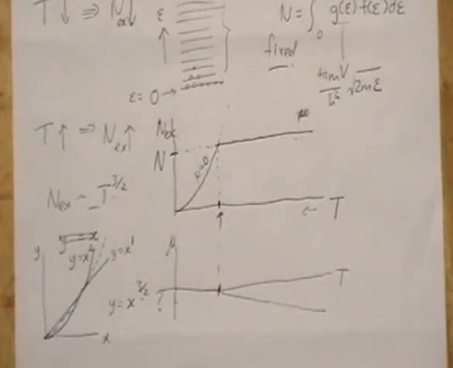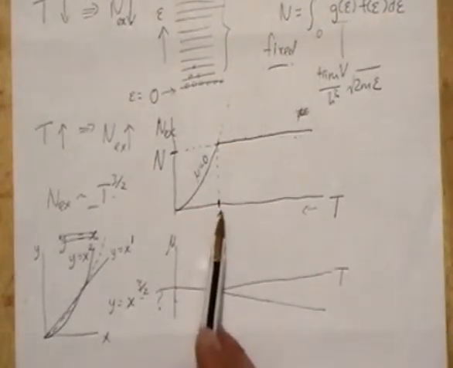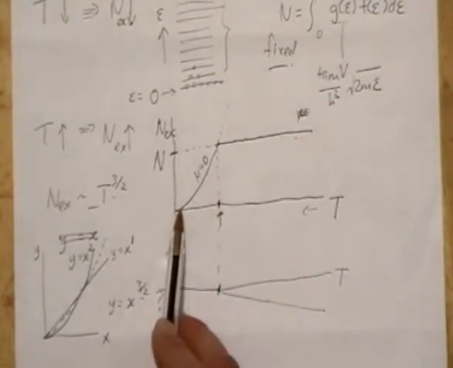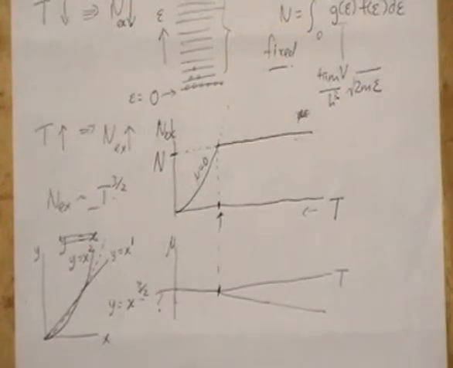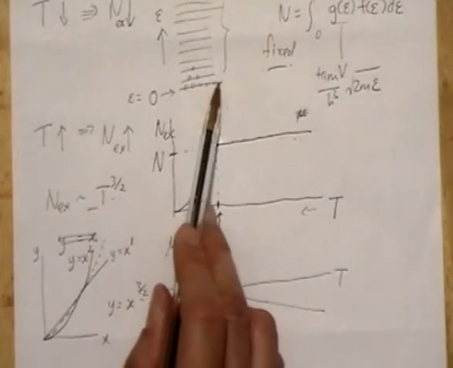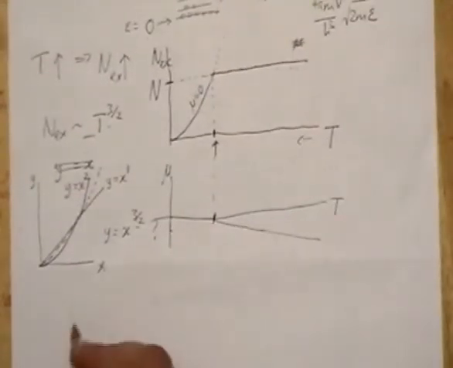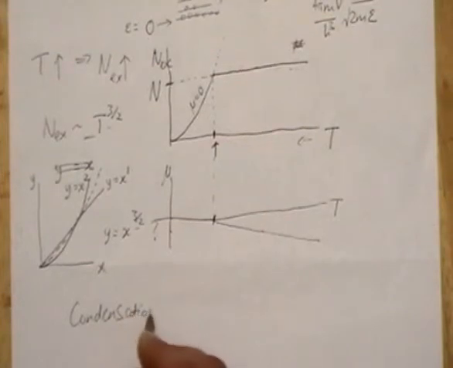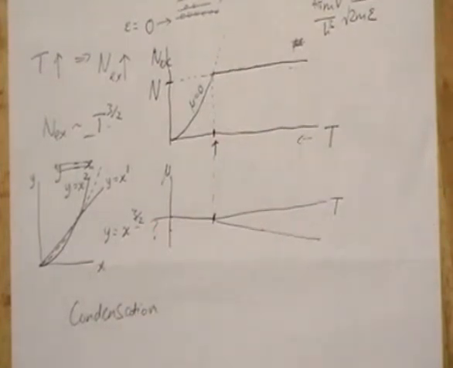This is the temperature below which particles start going into the ground state. Now, we associate the idea of going into ground states with the idea of condensation, like steam condensing into water.